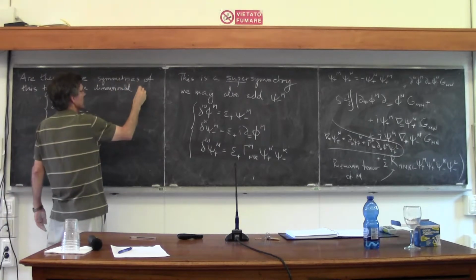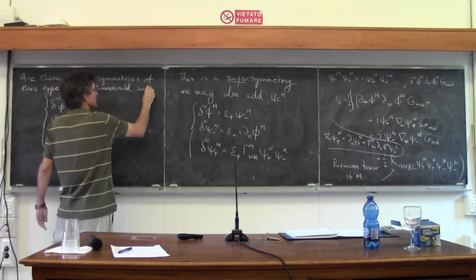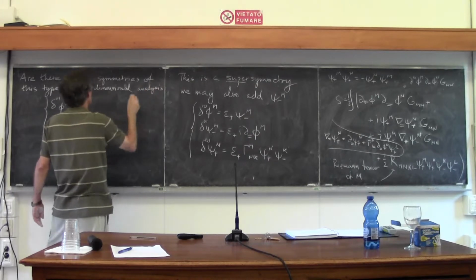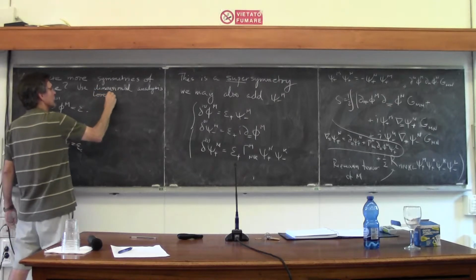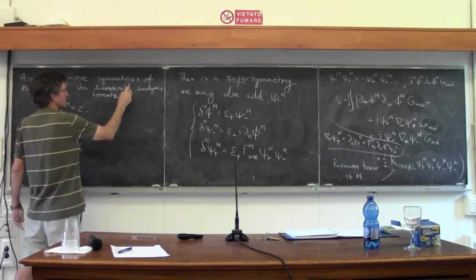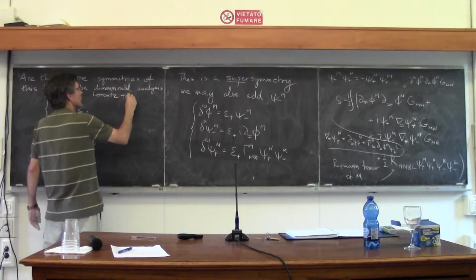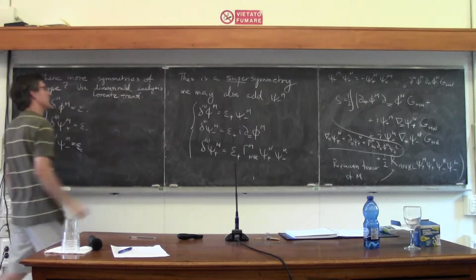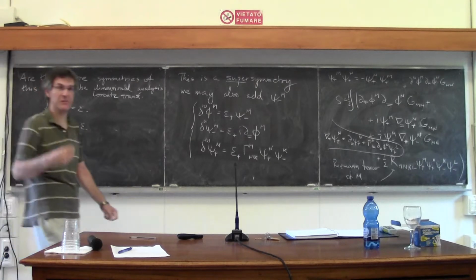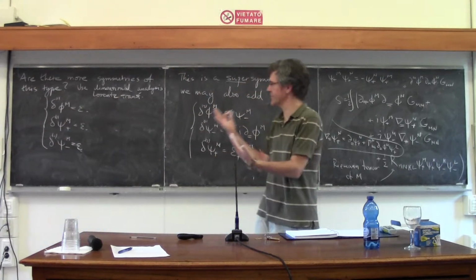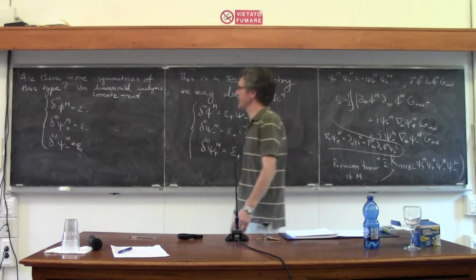a trusty physics tool called dimensional analysis. Lorentz transformation properties, and the fact that it has to be supersymmetry, so it mixes bosons and fermions.